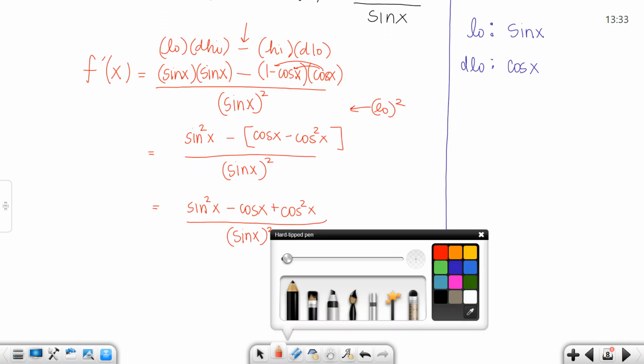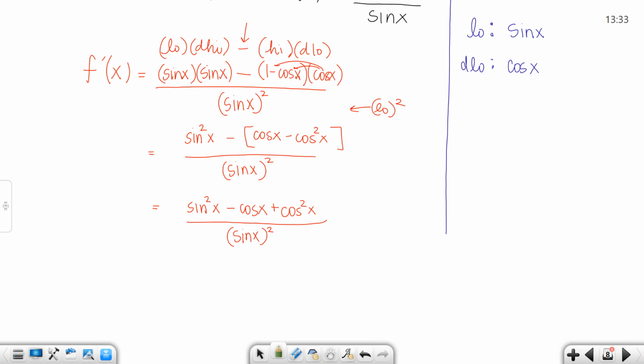Now then, we need to simplify. Back in trig days, quite some time ago, you had a fact that sine squared of x plus cosine squared of x equaled the value 1, a Pythagorean identity. I don't expect you to know all of your trig identities, but sine squared plus cosine squared equals 1 is one that I expect you to know.